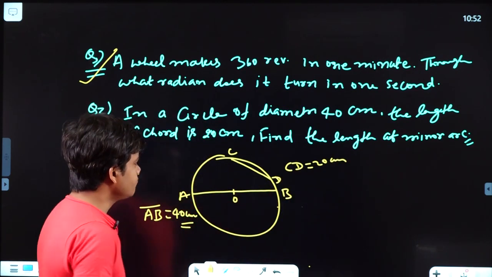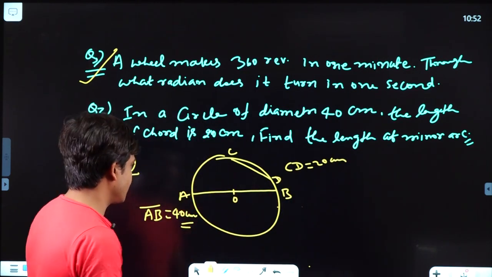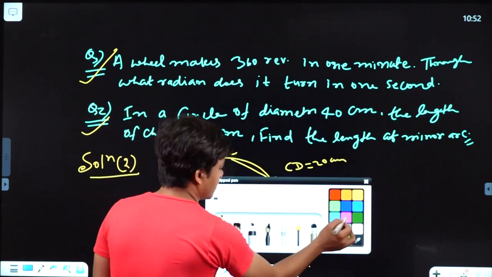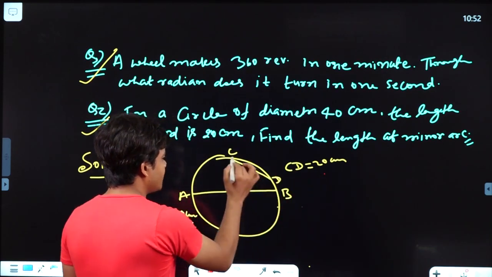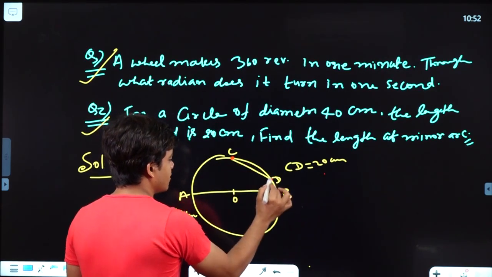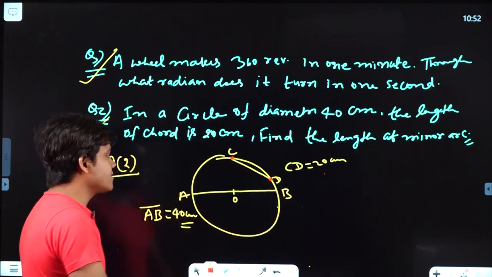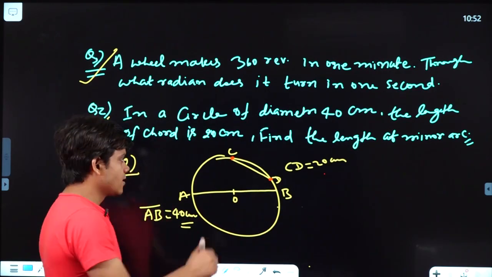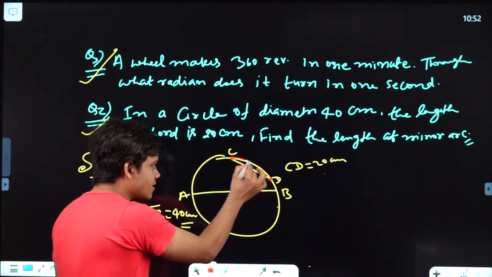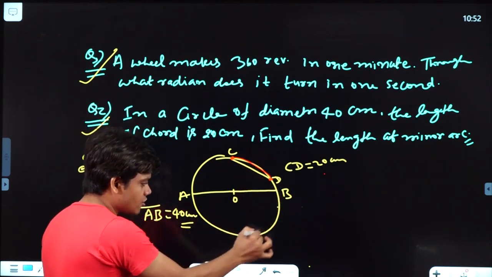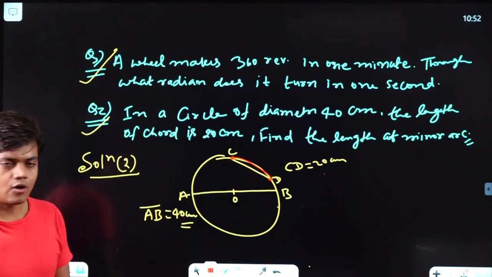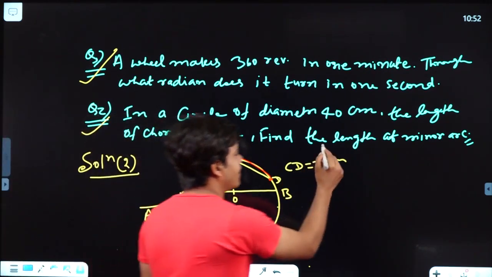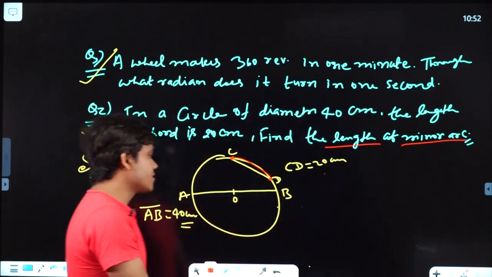Find the length of the minor arc. If this is the chord CD, then this chord has divided the circle into 2 parts. The minor arc is this CD, and the rest is the major arc.